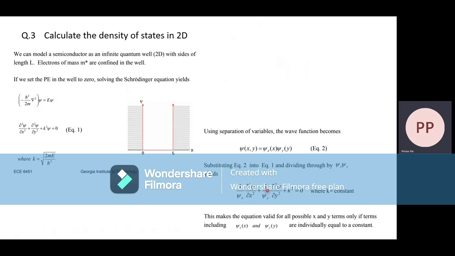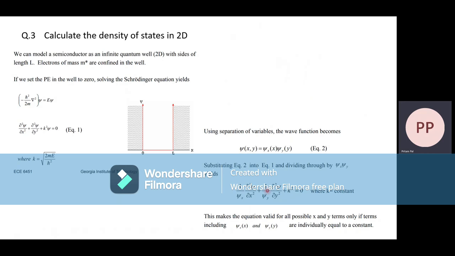You just need to take the Schrodinger equation. If you are given some potential, you plug it into the equation and simply solve it with the help of boundary conditions. That's it. You can do it for 3D, 1D and 0D as well. So I'm just showing you one example of how it is generally solved, how people calculate the density of states in any dimensional space.